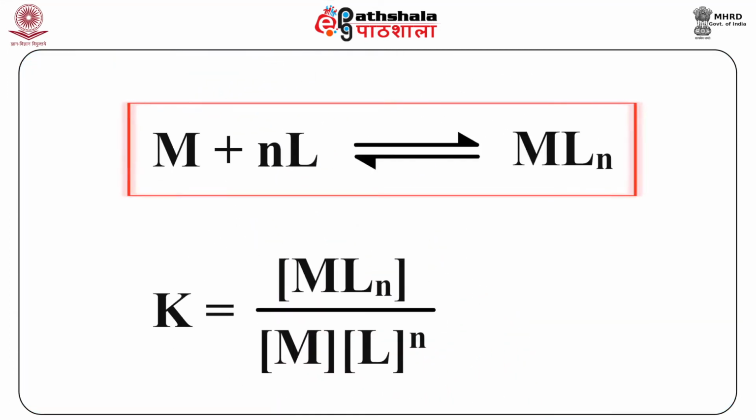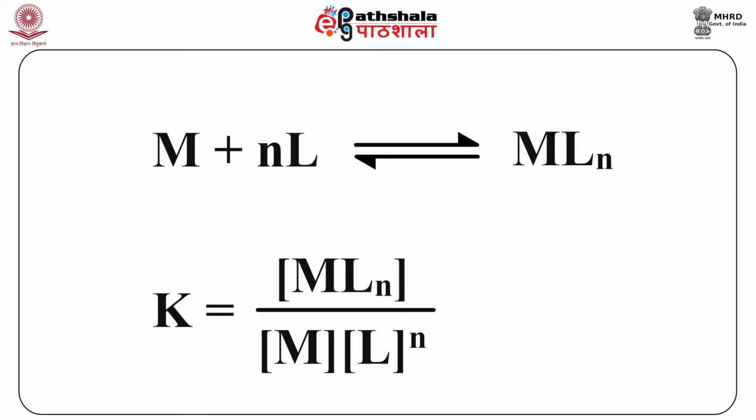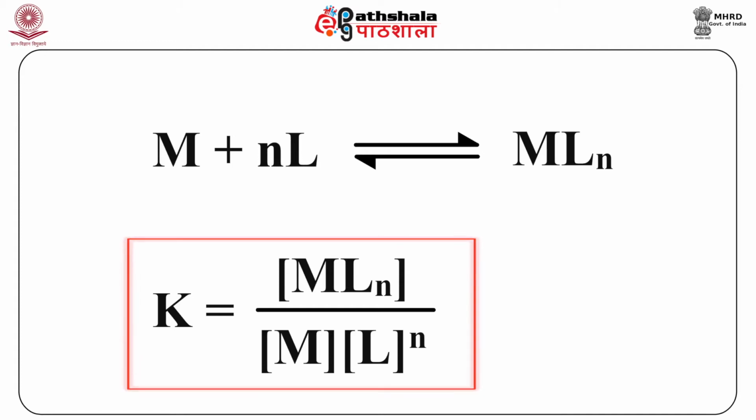Consider a reaction where the metal M reacts with n moles of ligand to form the complex MLn. The equilibrium constant for this reaction is given as K equal to the concentration of the complex MLn divided by the product of the concentration of metal M and the concentration of ligand L to the power n.